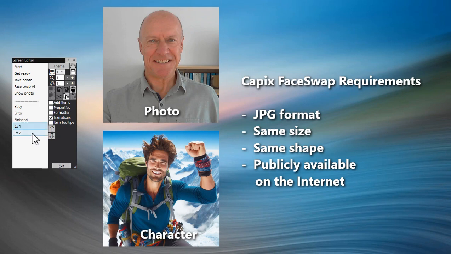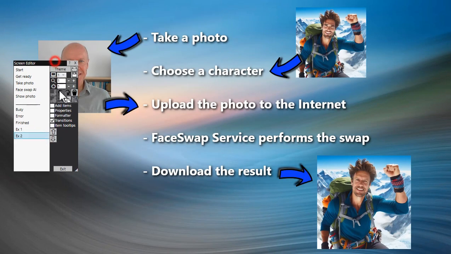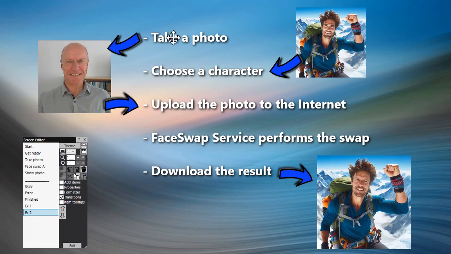So let's just have a quick look at the workflow. The way it's going to work in RightBooth is that RightBooth takes a photo, then the user is asked to choose a character, and I'll show you how to do that later. So these are just images of one person, and it's important that when you take a photo you only have one person in it as well, so it will do one photo face swap at a time.